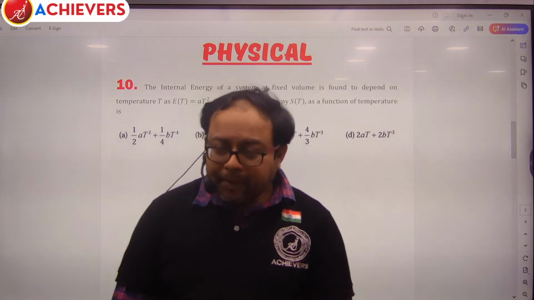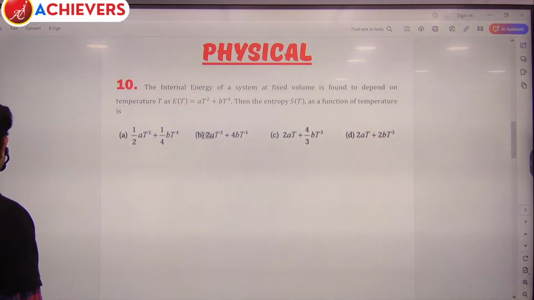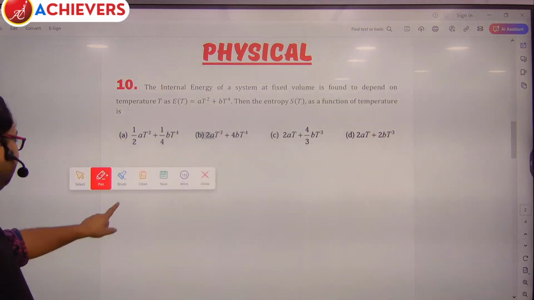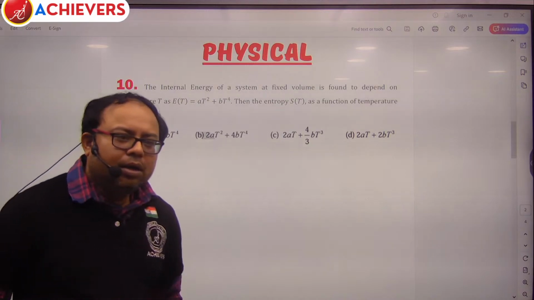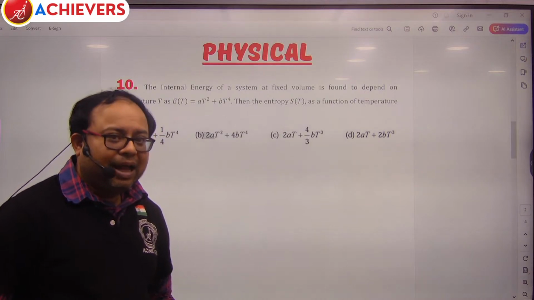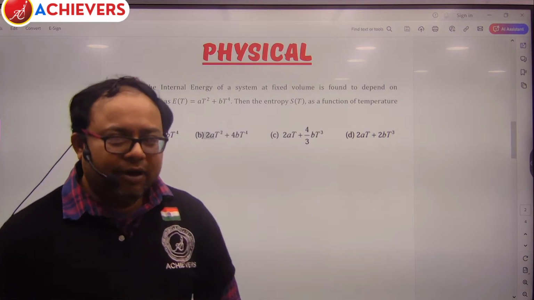Okay, so at first let's move on to this very first problem. So let us read out the problem at first, line by line. Then we will make an attempt to have a solution.